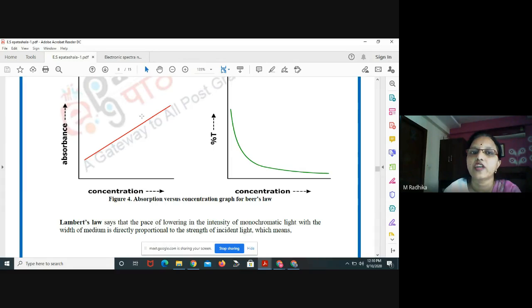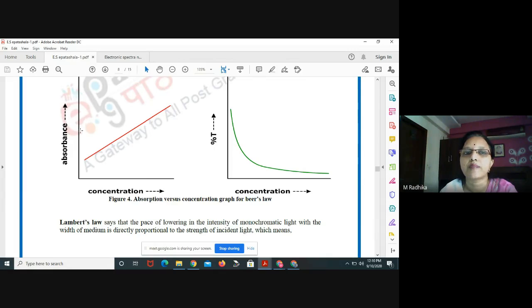This will be exactly opposite if I take absorbance on the y-axis. What happens if I take absorbance? The more the concentration, the more it is going to absorb the light. Okay. So as the concentration increases, the absorption also increases.